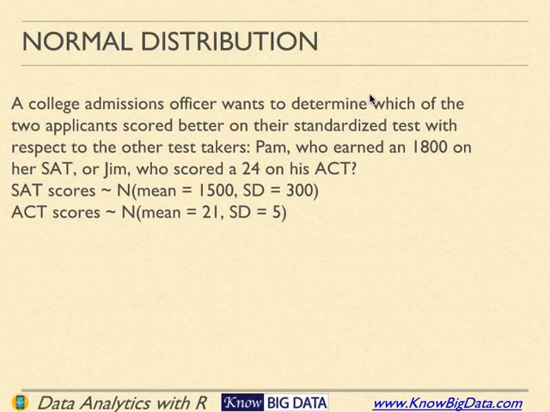Now, let's say there is a college admissions officer who wants to determine which of two applicants scored better on their standardized test with respect to the other test takers.